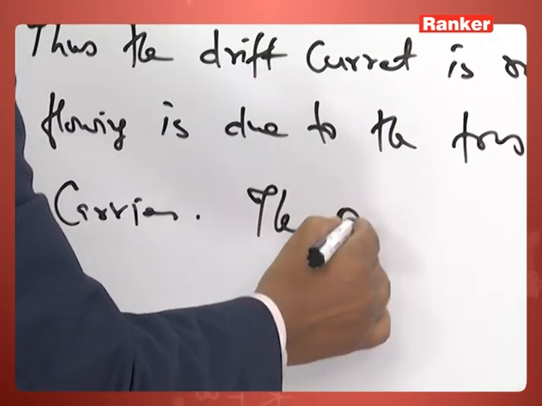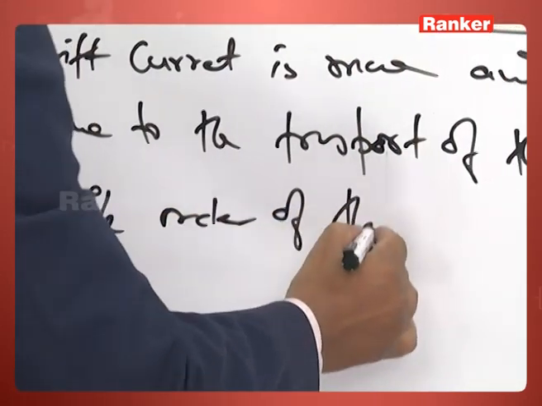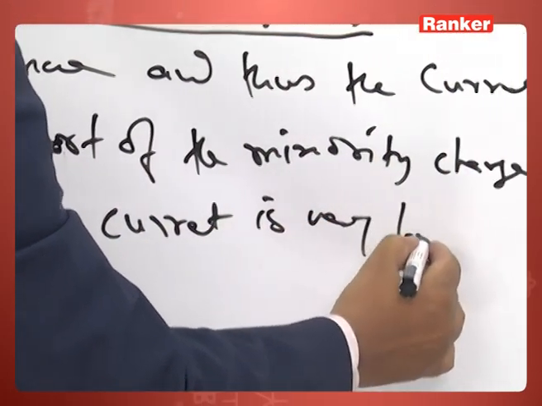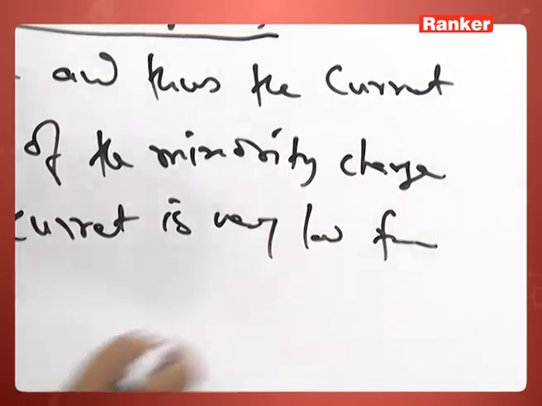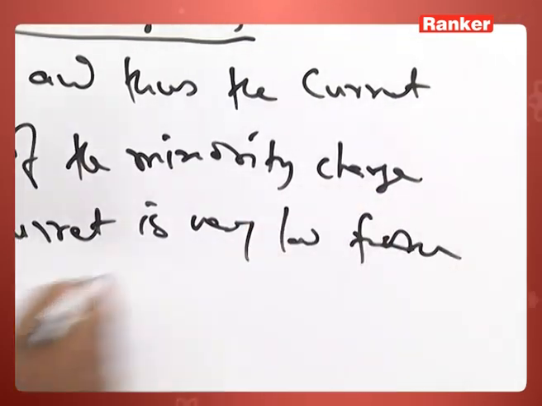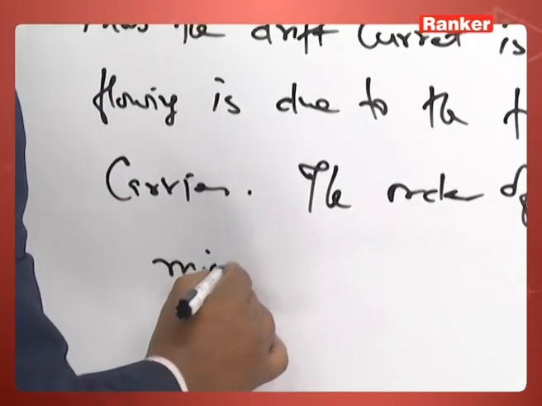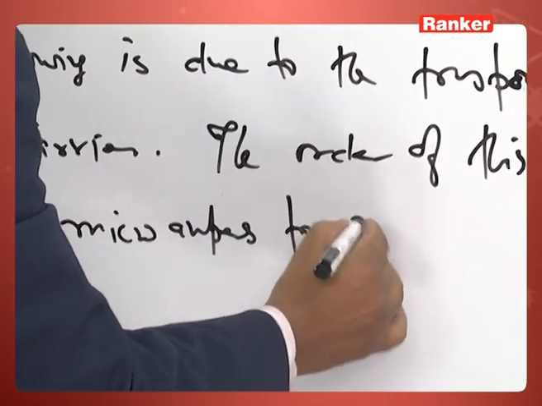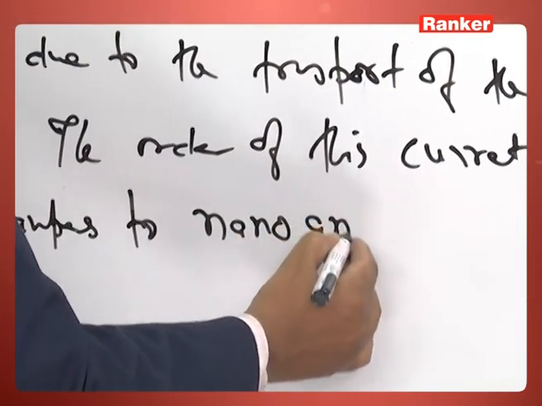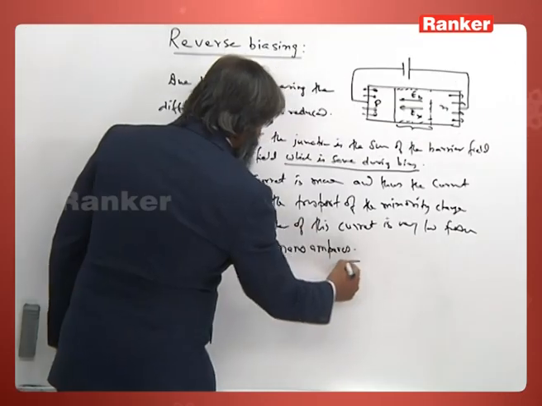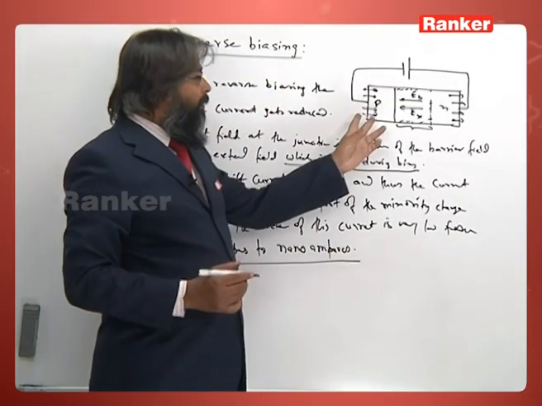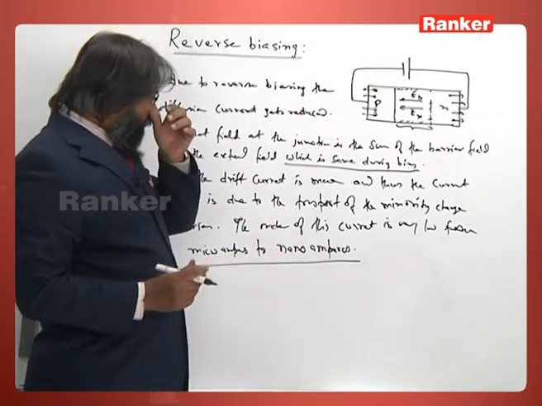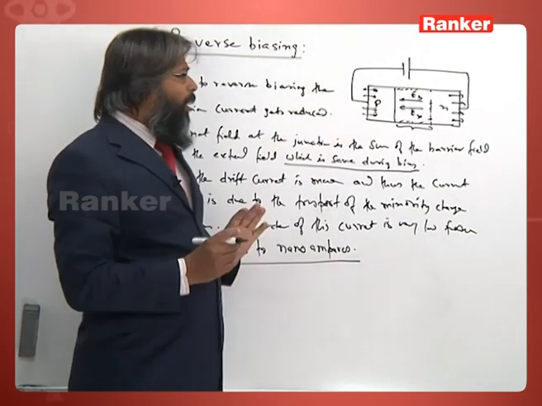The order of this current is very low, from microamperes to nanoamperes. That depends on the PN junction, whether it will be in microamperes or nanoamperes. So the current is very small.